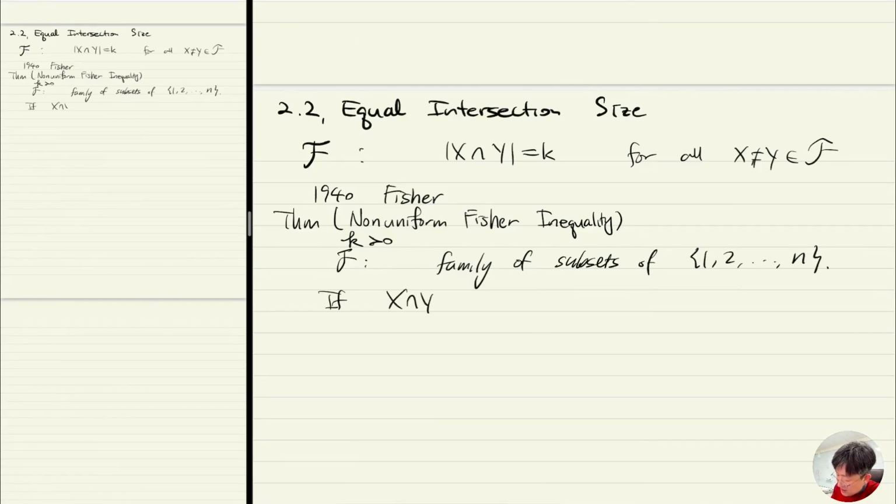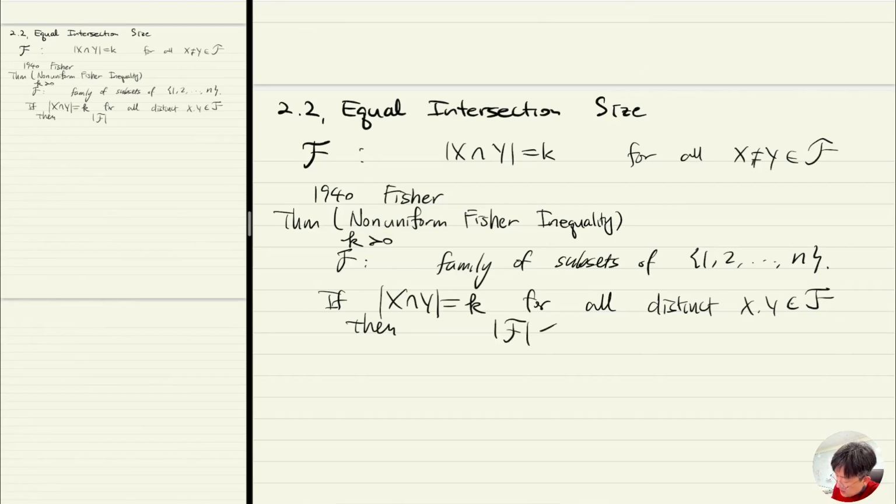If x intersection y has exactly k elements for all distinct x, y in F, then the size of F is at most something.